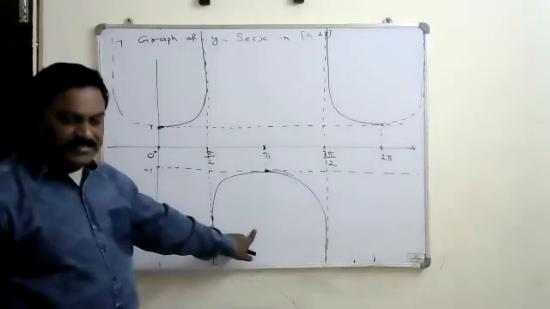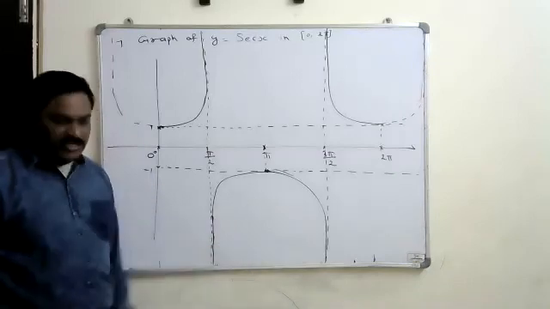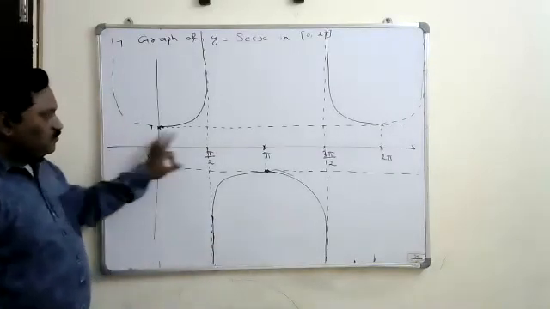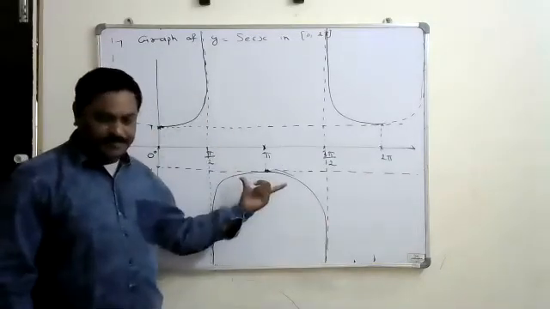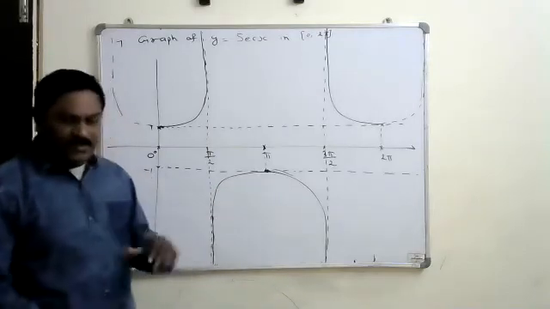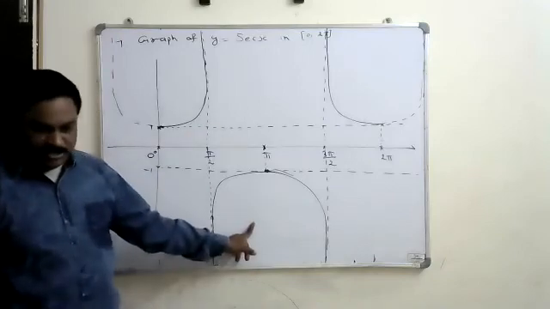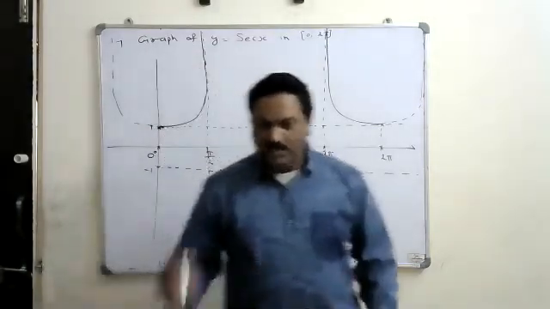This together we will call it one rotation. For what length of interval it will complete one rotation? This is pi unit and this is pi unit. Total pi plus pi, total 2 pi. For the 2 pi length of the interval, it is going to complete one rotation. So the period of the secant x is 2 pi. Okay, take that graph.